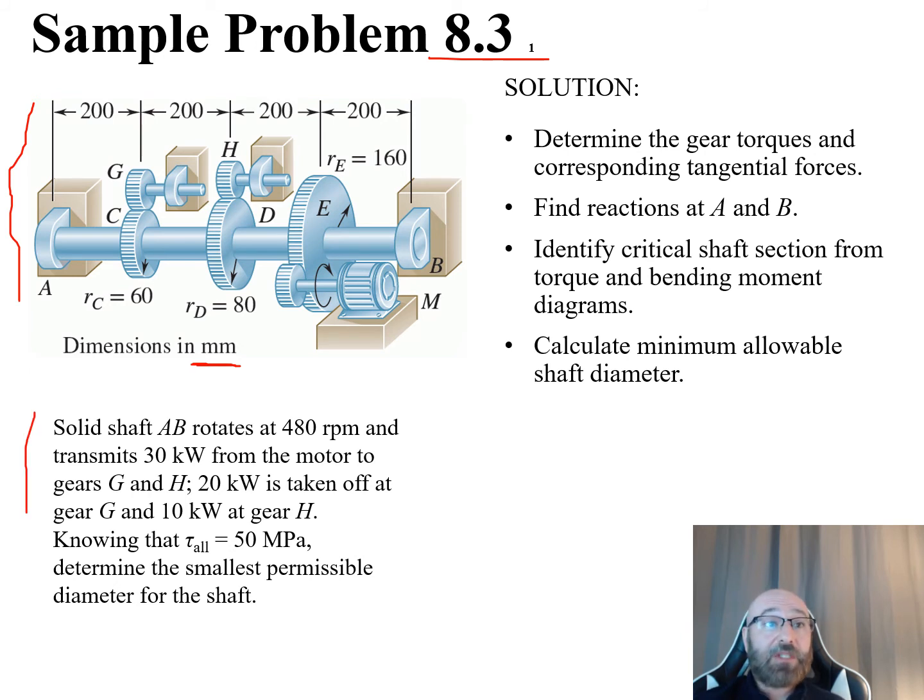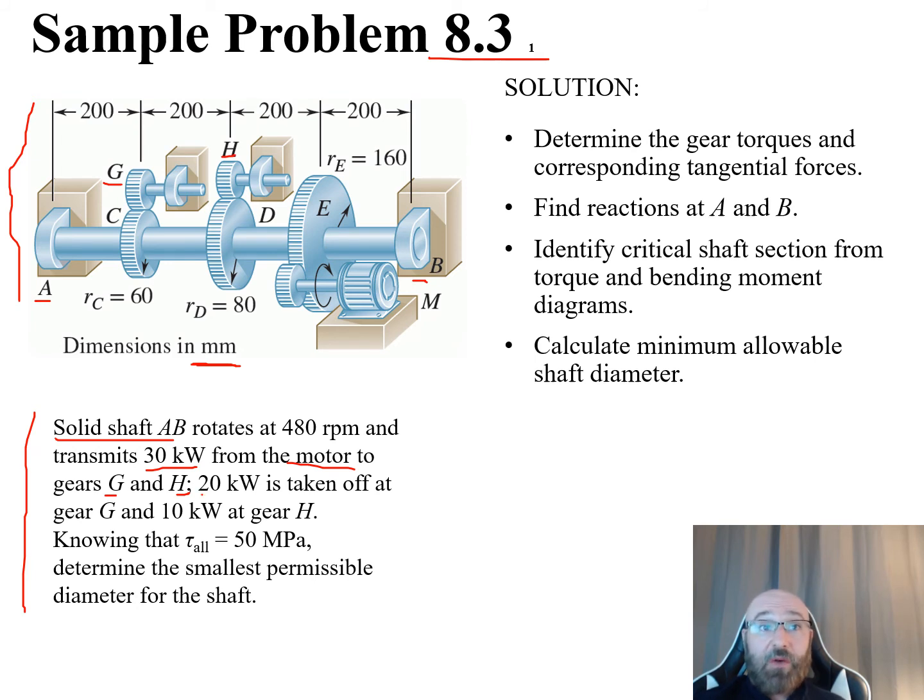So now within our problem statement down here, it tells us that our solid shaft AB, so this is our solid shaft from A to B up here in our diagram, is going to rotate at 480 RPM. And it's going to transmit 30 kilowatts from the motor to our gears G and H. So this is our gears G and H right here.